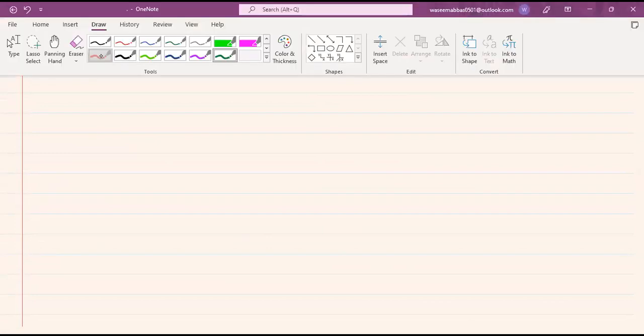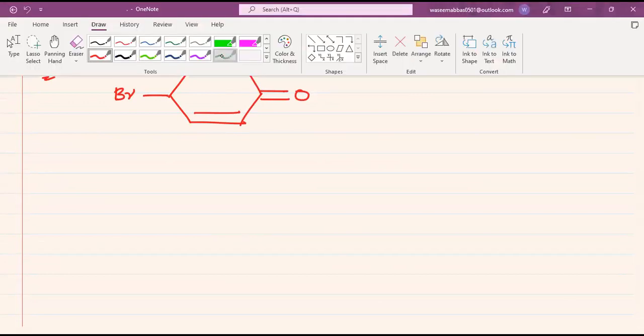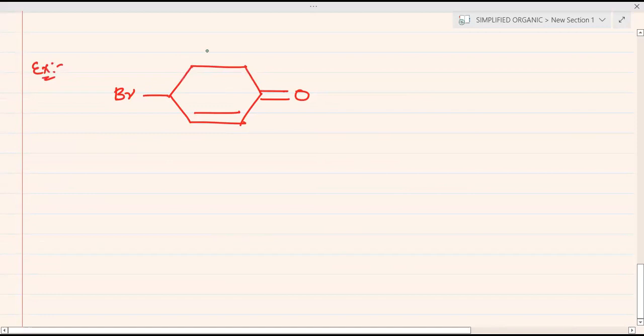Now, example. The best example I can give here is a simple one. In this case, this cyclic ring is the parent chain, and this C double bond O of ketone is the functional group.